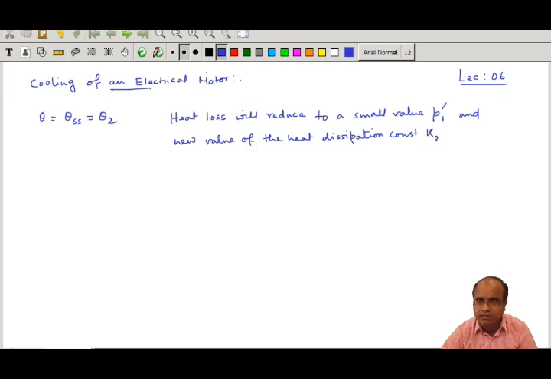Previously for the heating we considered the power P1 and the heat constant K2.